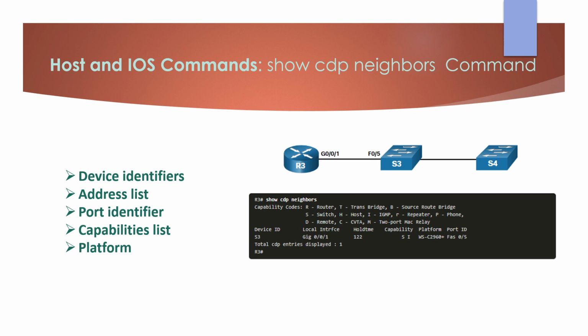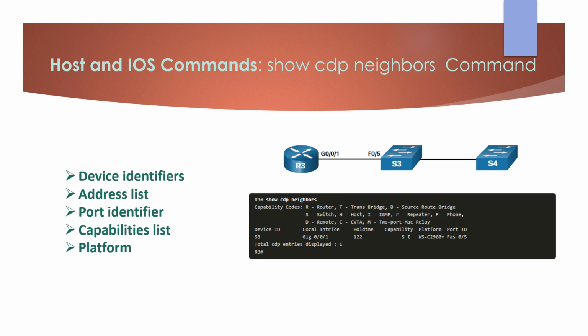As helpful as CDP is, it can also be a security risk because it can provide useful network infrastructure information to threat actors. For example, by default, many IOS versions send CDP advertisements out all enabled ports. However, best practice suggests that CDP should be enabled only on interfaces that are connecting to other infrastructure Cisco devices.